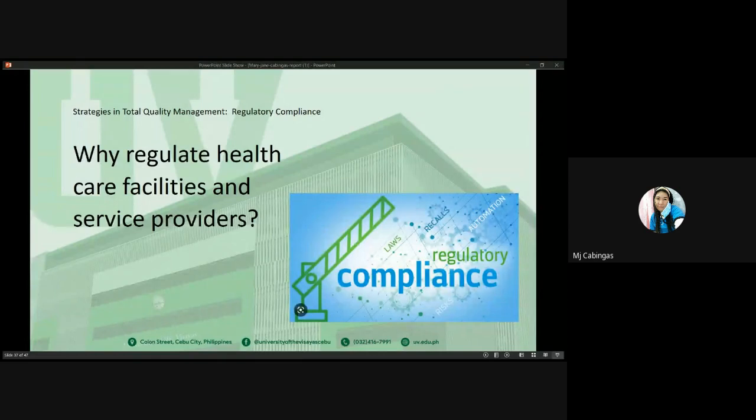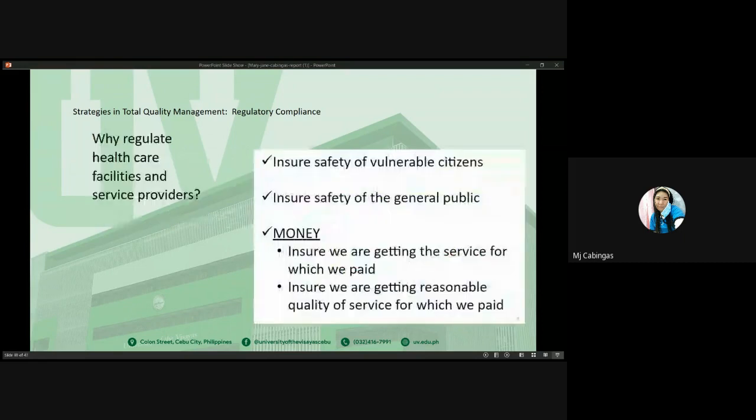So what regulates healthcare facilities and service providers? Number one, ensure safety of all citizens. Of course, we assure the safety of senior citizens, children, and especially in the hospital in the NICU and PEDIA, the vulnerable citizens.